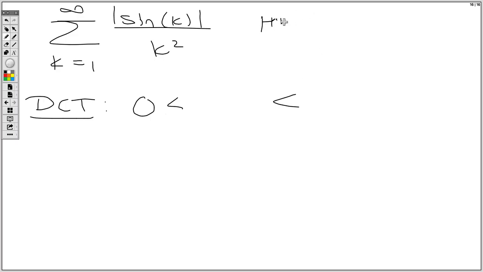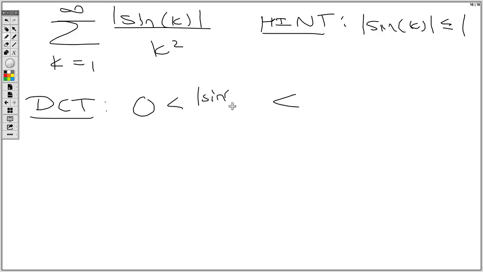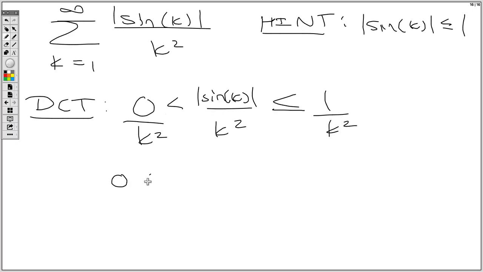Now the hint kind of told us how to go with it. The hint told us that the sine of k is less than or equal to 1. So I've got the sine of k is less than or equal to 1. So I can build my series if I divide through everything by what? K squared.